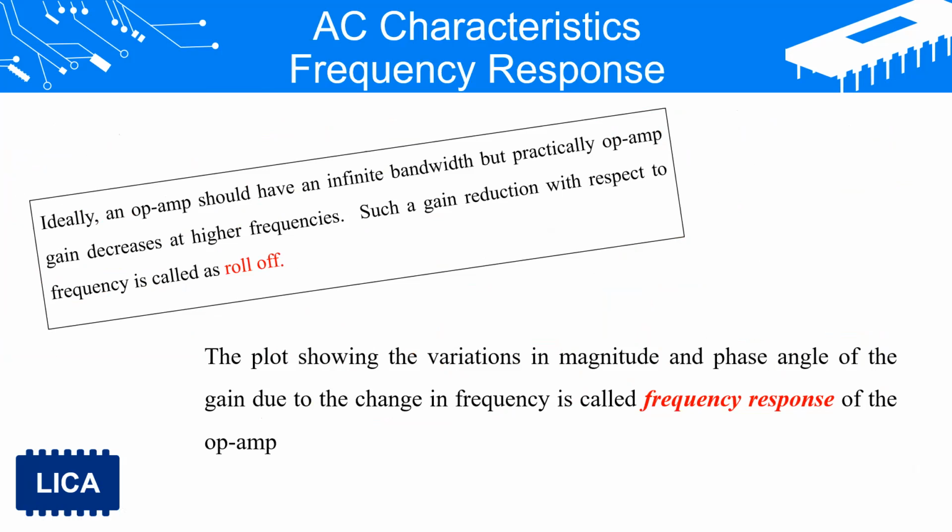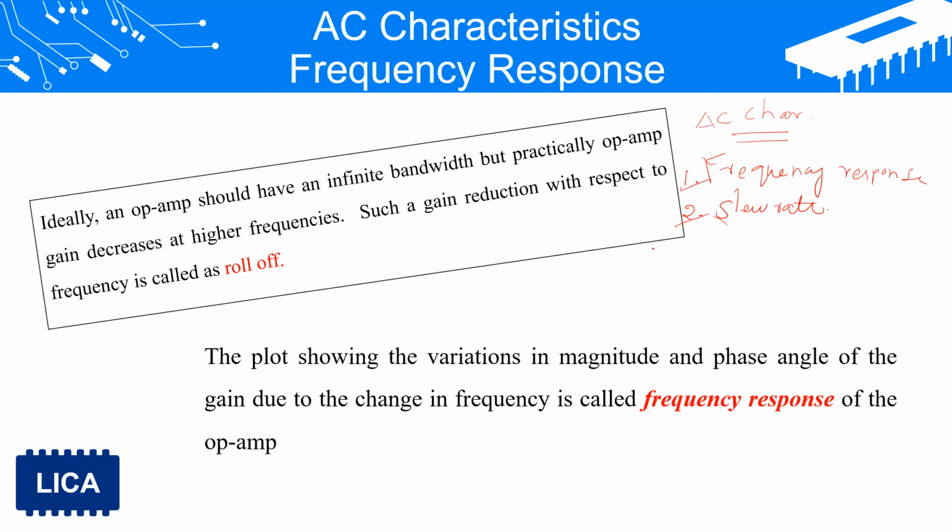For small sinusoidal applications, the AC characteristics affect only two cases: first the frequency response, and then the slew rate. So under AC characteristics, we will be discussing frequency response and slew rate.